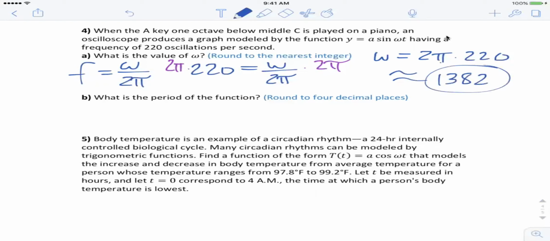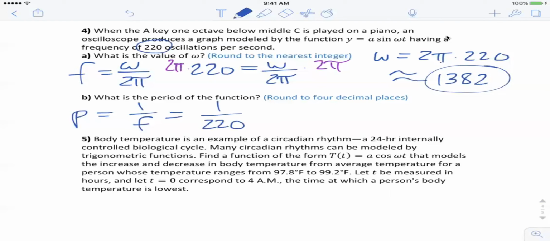Next, find the period of the function. Okay, so the period, probably the quickest way is knowing that the period is the reciprocal of the frequency. So period is 1 over the frequency. And the frequency is actually given in the original problem. So for that, I just need to do 1 divided by 220 and then round to 4 decimal places.